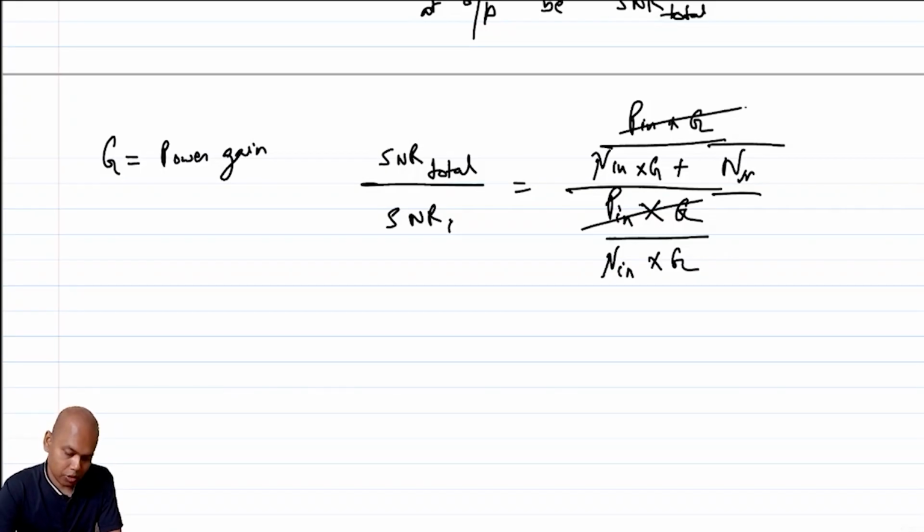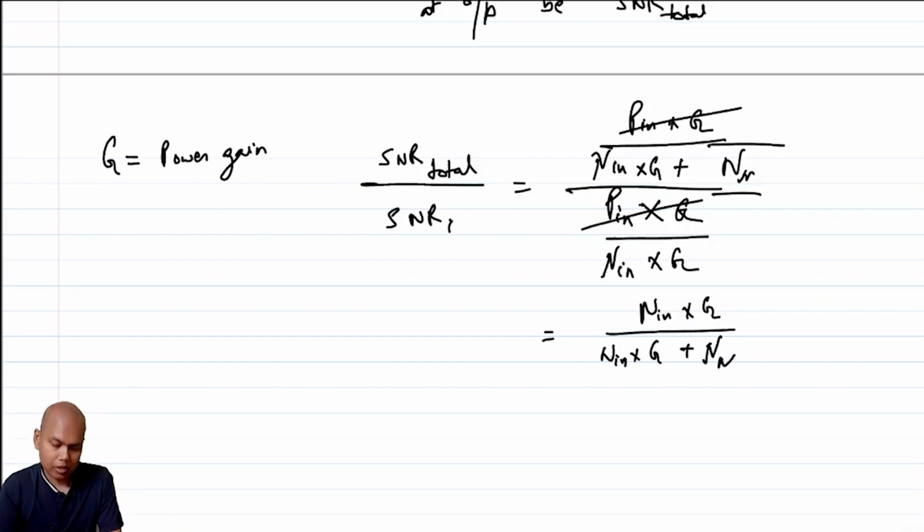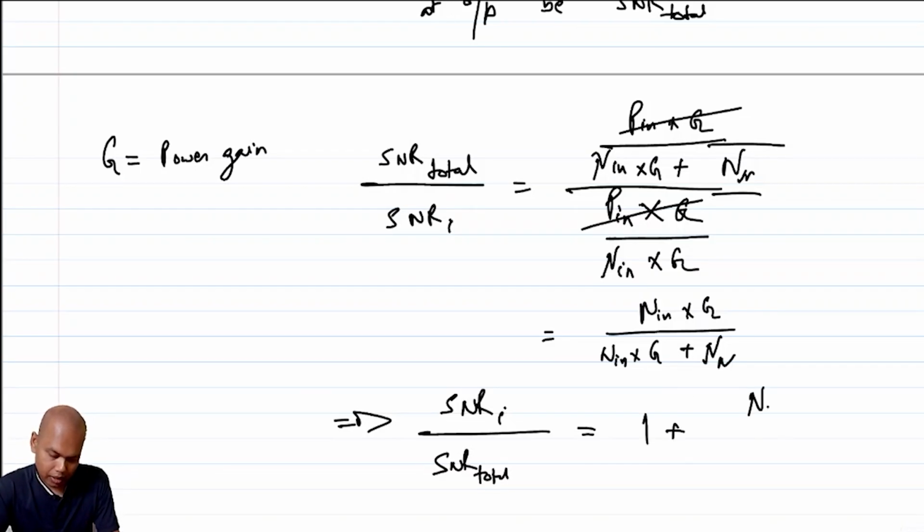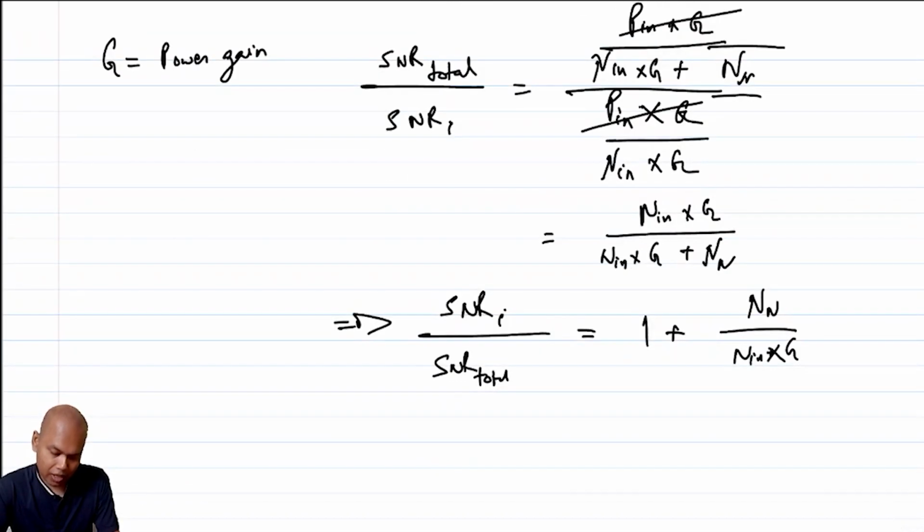You essentially get N in times G by N in times G plus noise due to the network, which means that your SNR due to the input only divided by the total SNR is nothing but 1 plus N_N by N_in times G. So what is N_N?